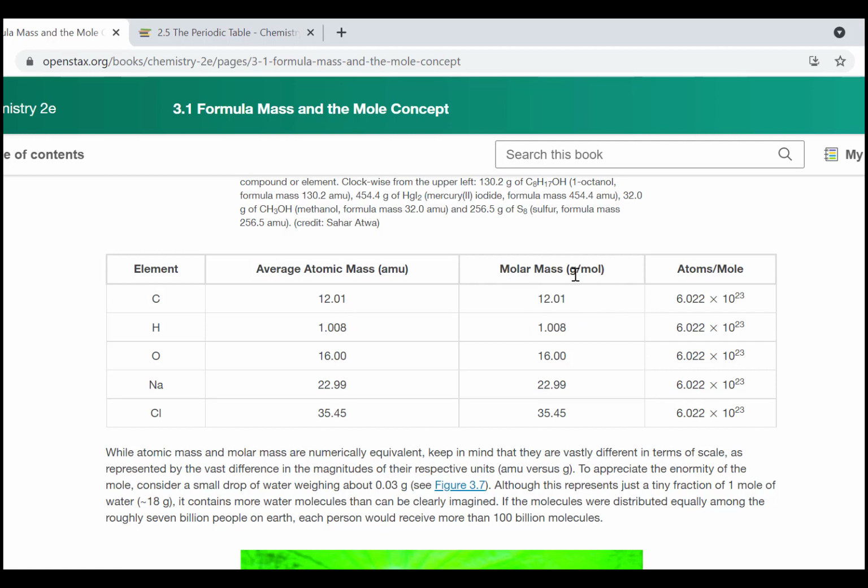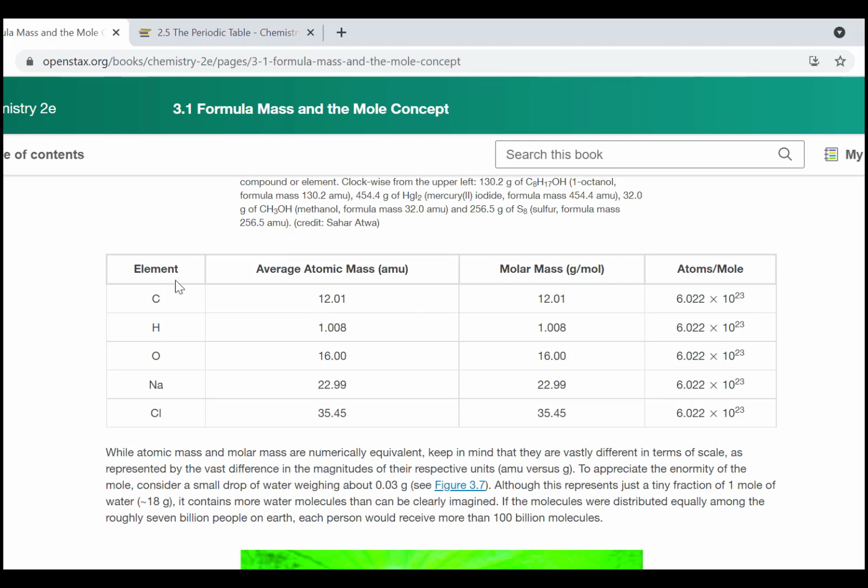But more generally, for the molar mass, if we have a sample we can put on a balance and find the mass of, if we get 12.01 grams, that means we have 1 mole of that element. And then we have atoms per mole. So in every mole, we have Avogadro's number, 6.022 times 10 to the 23rd atoms will be present.